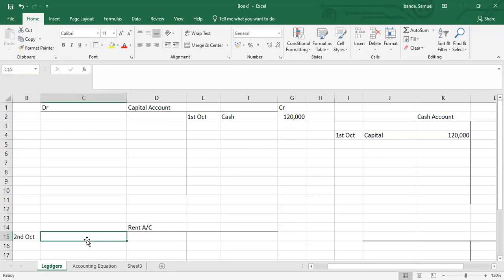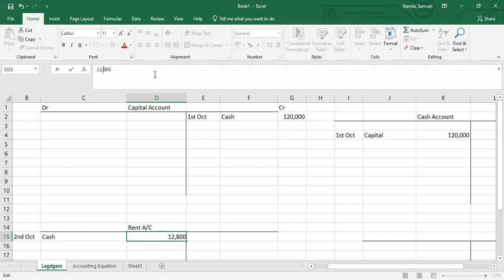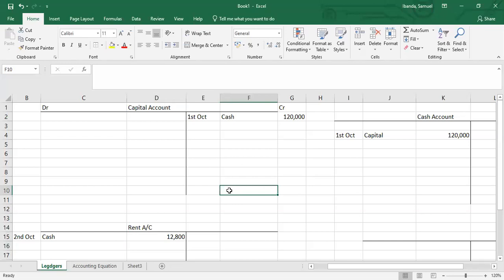I'll put the alternative account, I paid by cash, and the value here is 12,800. So that is what we basically have.